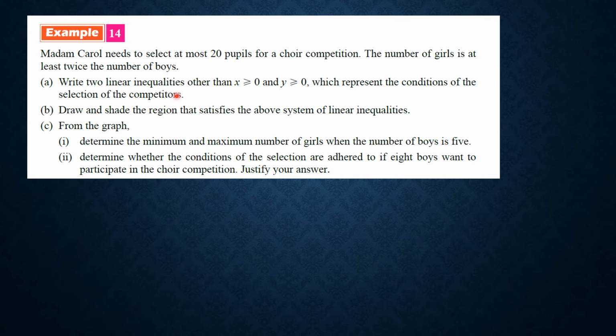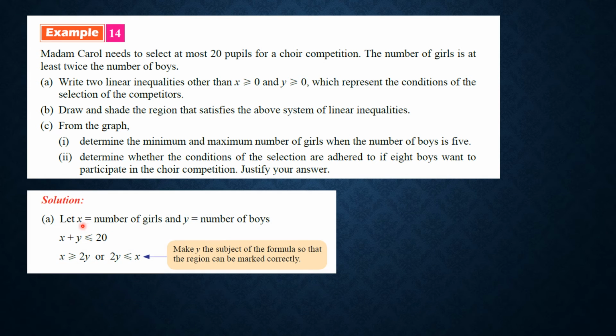From the question, you know there are two groups: one group is girls, another group is boys. So you can let x represent the number of girls and y represent the number of boys.